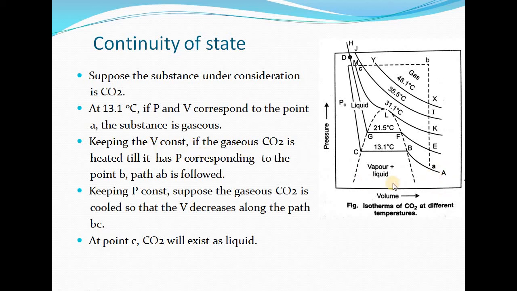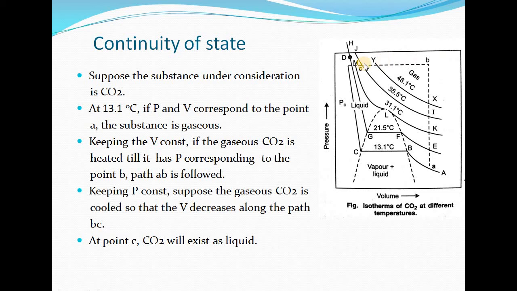Now keeping the volume constant, if the gaseous CO2 is heated, what will happen? Pressure of the gas will increase. So as we are heating it, the pressure reaches the point B, then path AB will be followed.